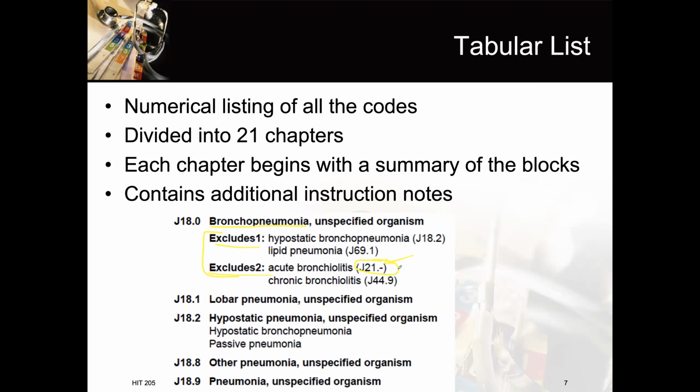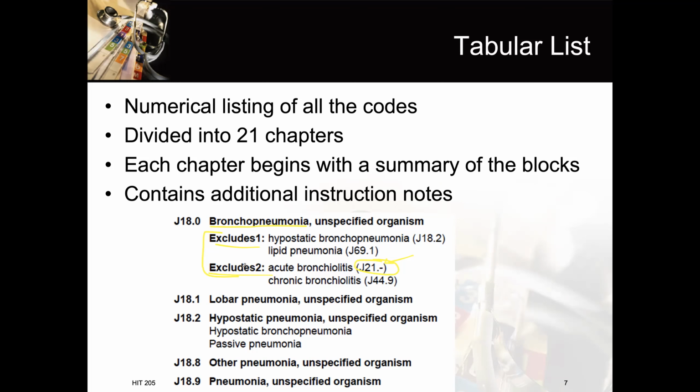Always read and be guided by the instructional notes. I mentioned a couple of those: code first, code also, excludes 1, excludes 2. Those are defined in the general coding conventions and guidelines. That's another reason why it's important to read those first, because it tells you what an excludes 1 note is and what an excludes 2 note is.